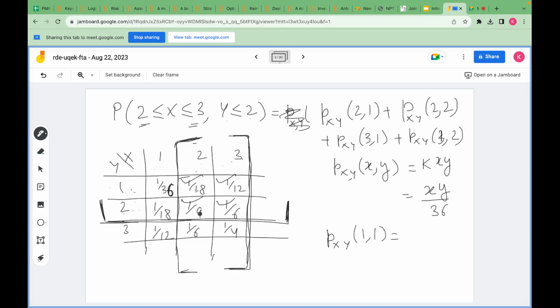We just need to add these quantities and we will get this probability. When we sum all these, it will come out to be... I didn't count, I guess.